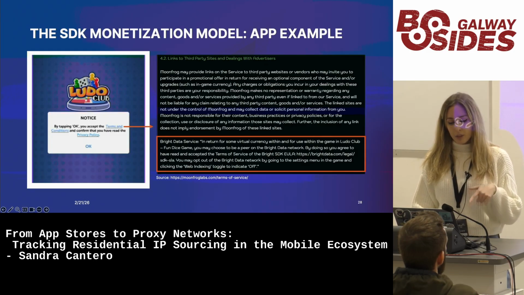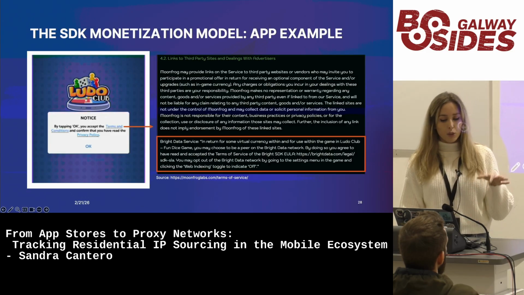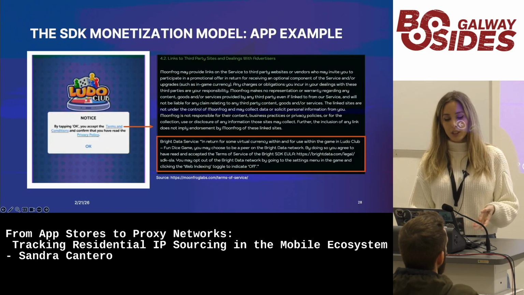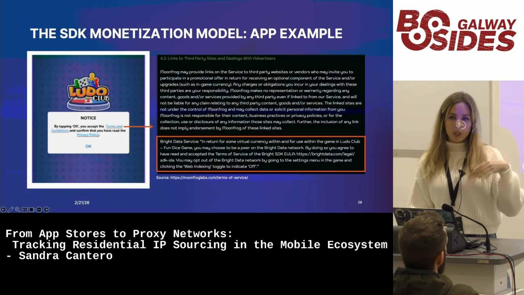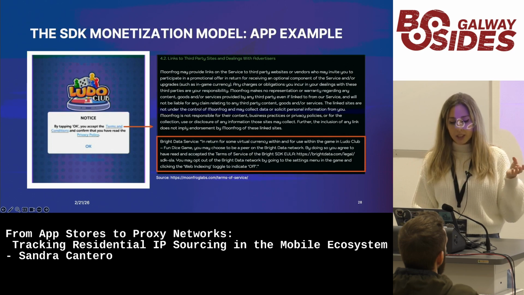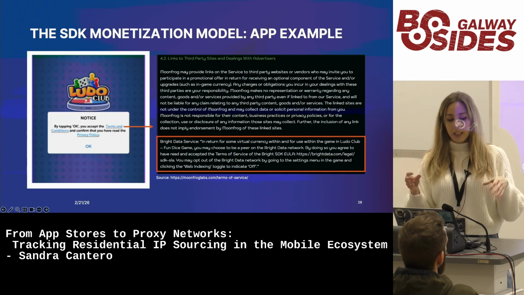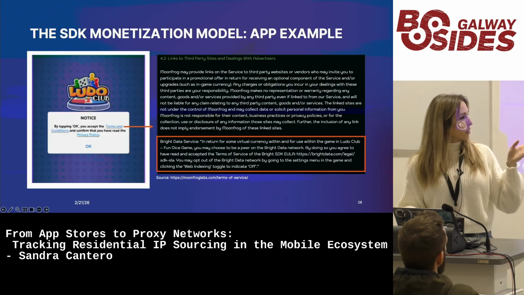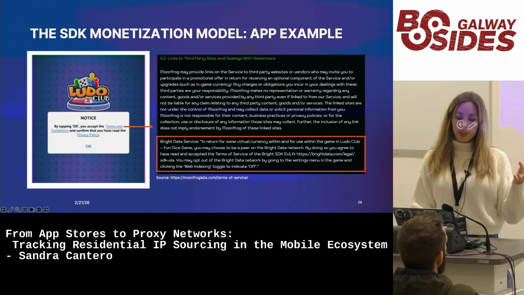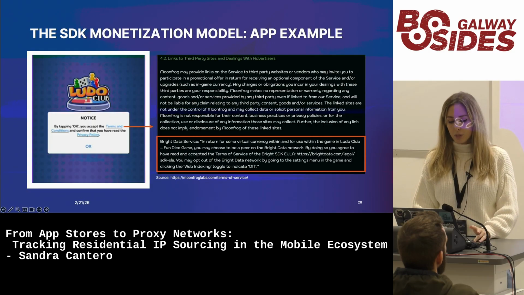But if we go to the terms and conditions, we will see that this leads to the developer's website. And here, if you scroll down, you will see this part which states that if you download this app and you play this app, you are going to become part of the Bright Data peer network. Bright Data is one of the providers we mentioned before.